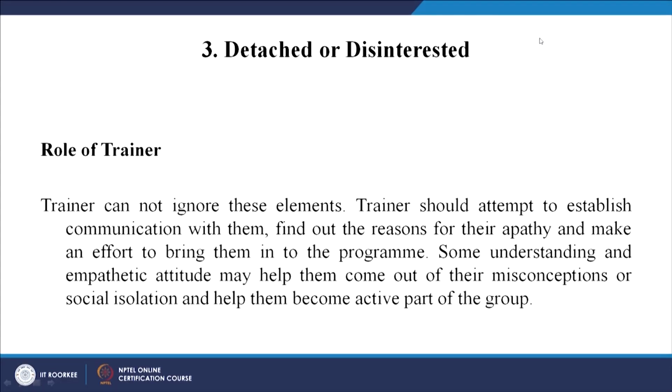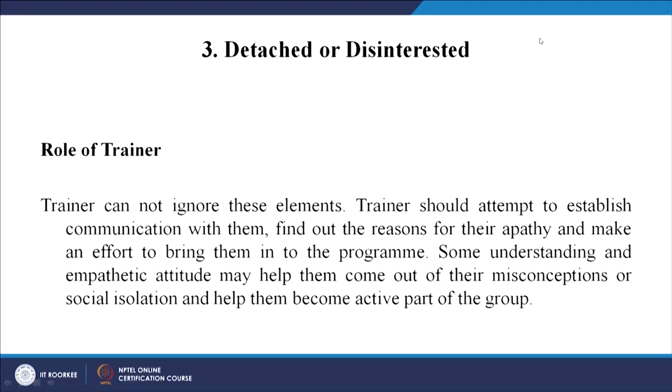Find out the reasons for their apathy, why they are not concerned, and make an effort to bring them into the program, asking them questions, giving them the opportunity to ask questions, giving the opportunity for a presentation if any particular assignment or project is given, and asking them to come forward, so that they get involved in this training process.